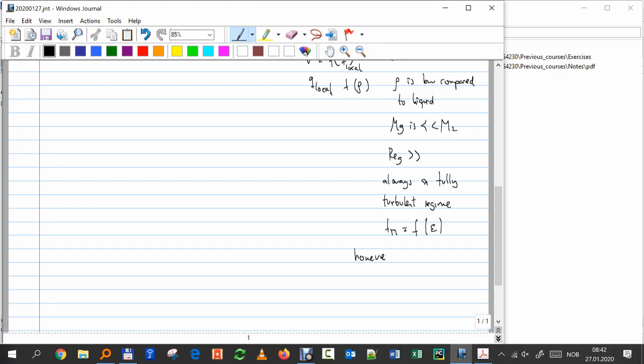However, epsilon, or E, is a function of D, due to manufacturing.